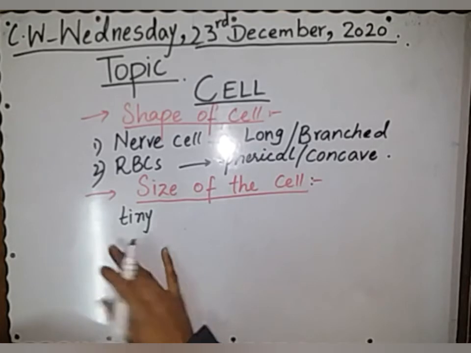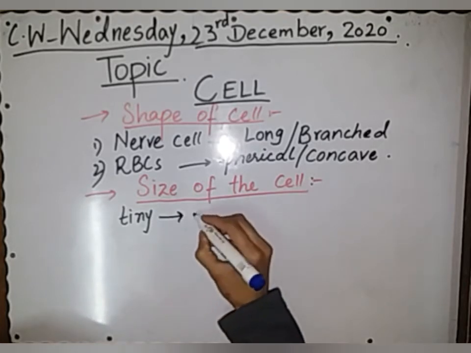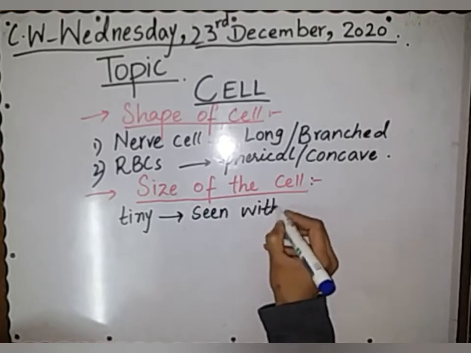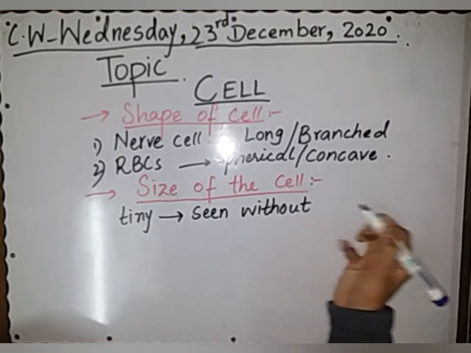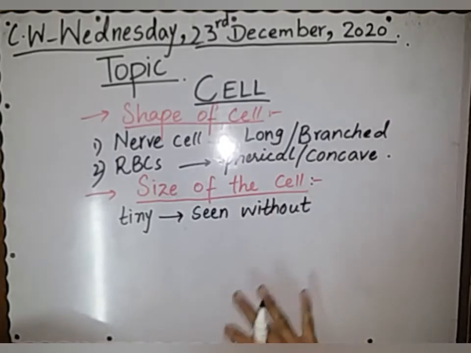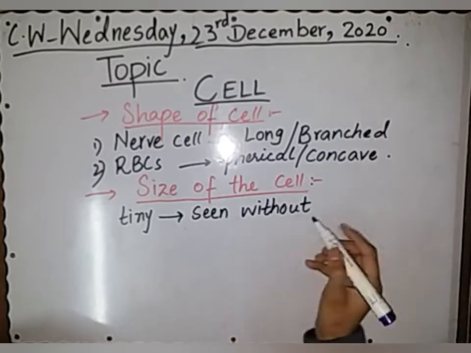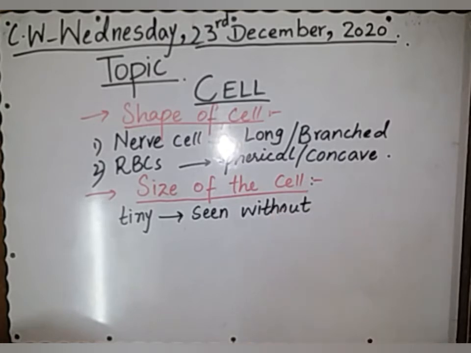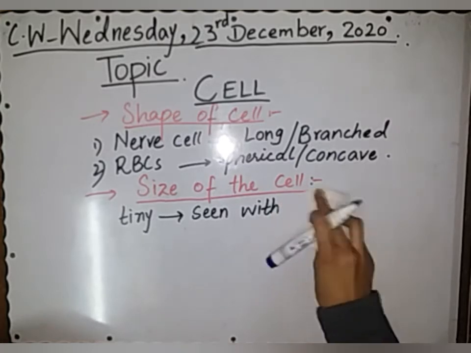Cells are tiny structures that can only be seen with the help of a microscope. Without a microscope, no one can see the cell, as Robert Hooke also observed the cell with the help of a microscope.